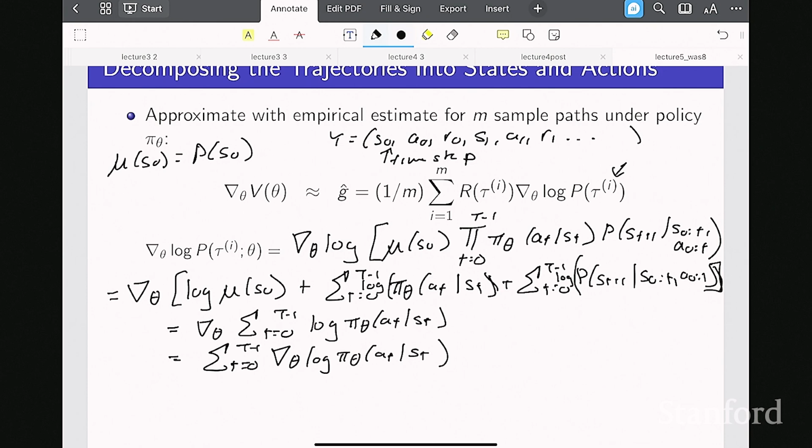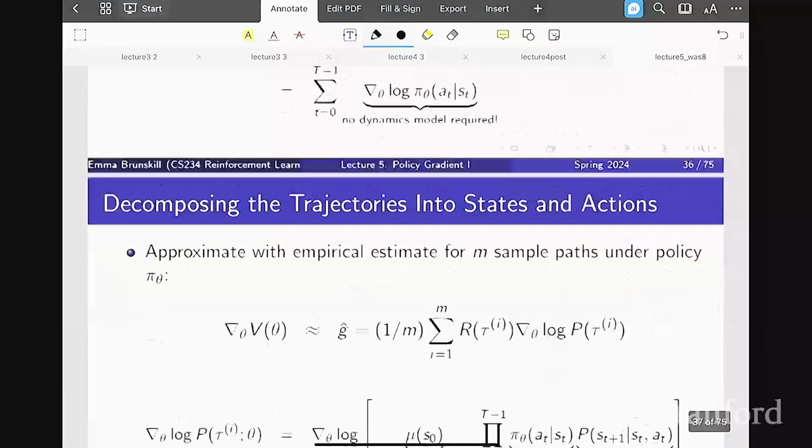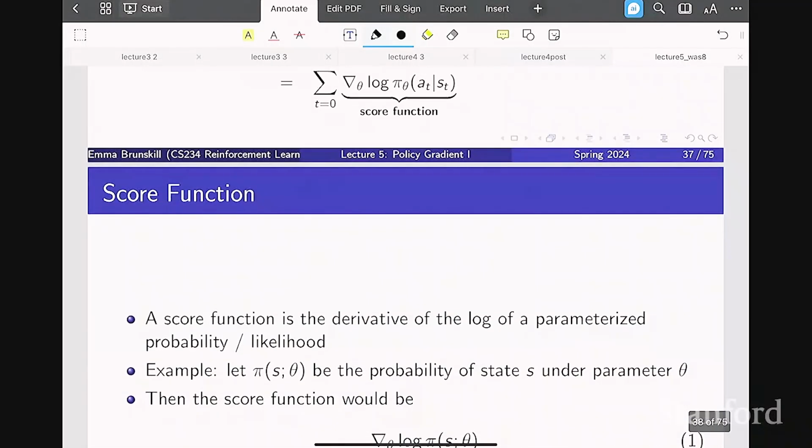My policy is only depending on the current state, but your policy also could depend on a history of states. You could have a recurrent neural network or any of the other representations you might want to choose there, and then this would just depend on your history. Good question.